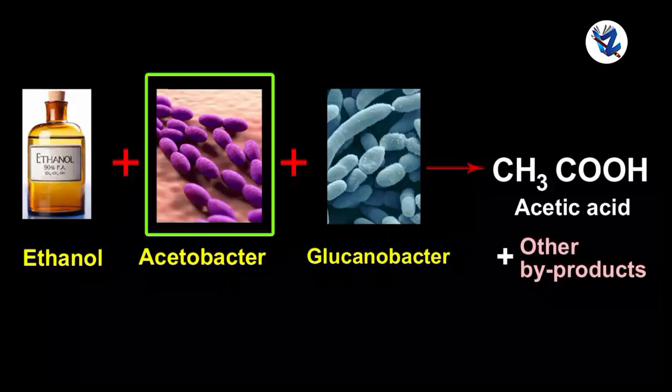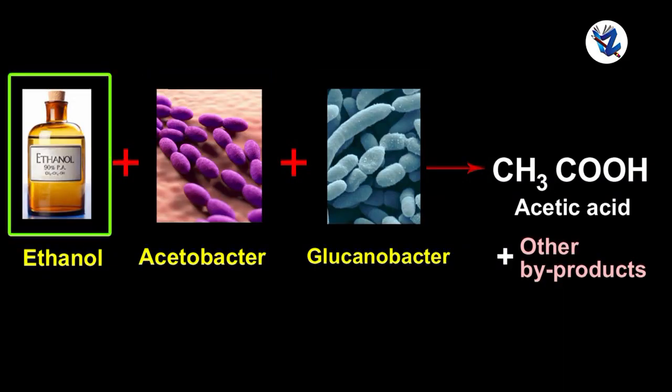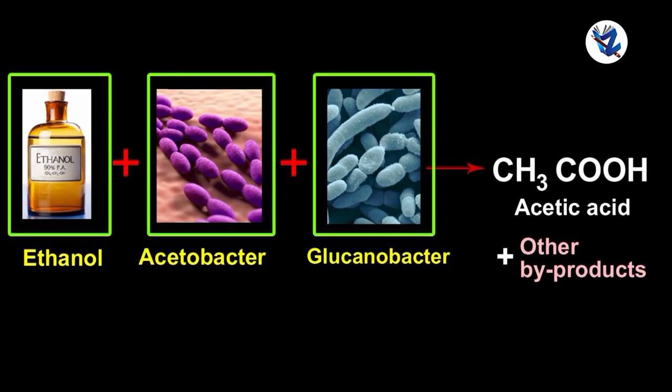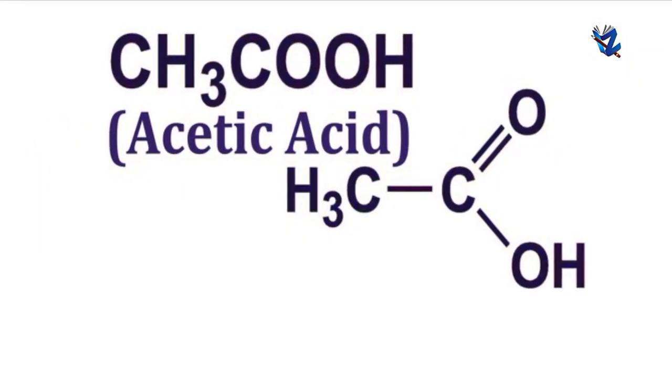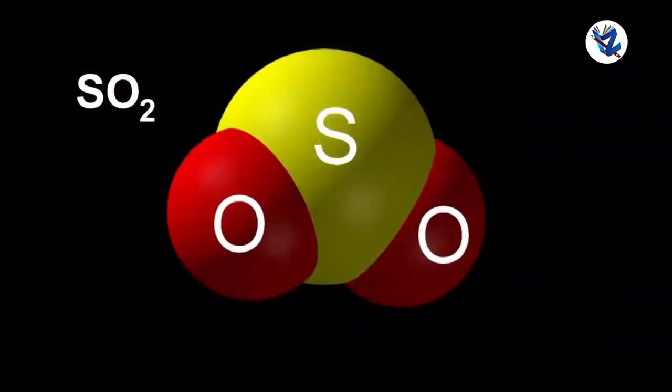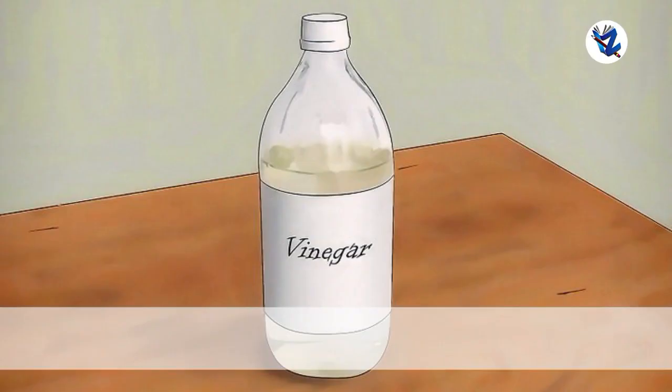A mixture of bacterial strains like Acetobacter and Gluconobacter is mixed with ethanol for its microbial degradation. Acetic acid and other byproducts are obtained through it. Finally, a very small quantity of sulfur dioxide gas is mixed to produce vinegar.